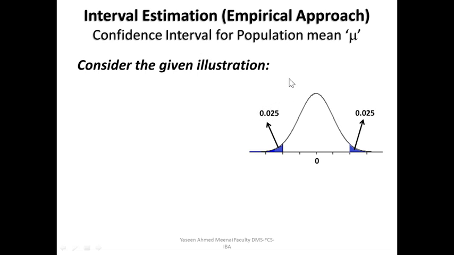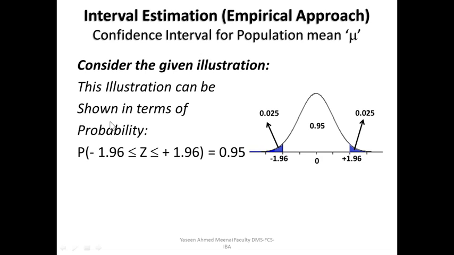If you remember how to find quantiles for a given area from my previous lecture, you can easily deduce that this value must be minus 1.96 and the other must be plus 1.96, and the area captured in the middle, the white area, is 0.95. Again, the same situation can be written in the form of probability like this.